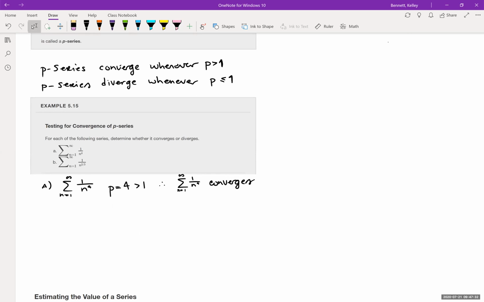We don't do that very much in calculus too, actually. And in B, we have that P equals 2/3, which is less than or equal to 1. Therefore, the series diverges.